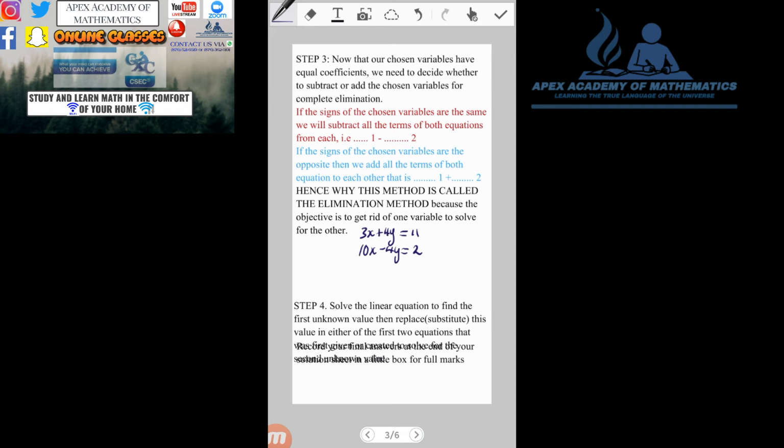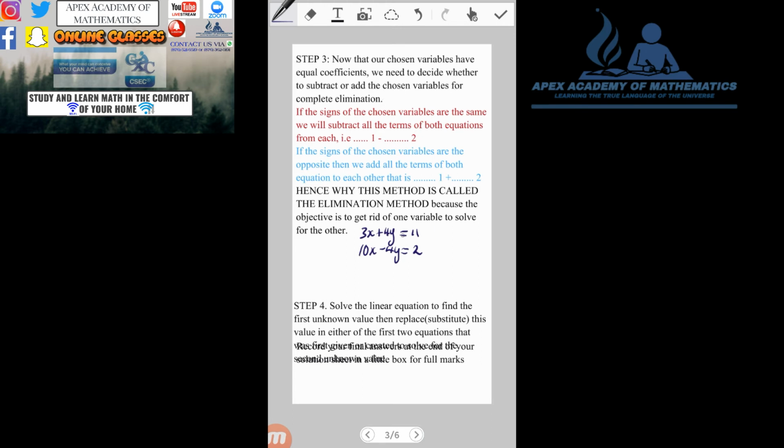All right. So once I've completed that, I'm ready to move on to step 3. So now that our chosen variables have equal coefficients, 4 and 4, minus and plus, we need to decide whether to subtract or add the chosen variables for complete elimination.